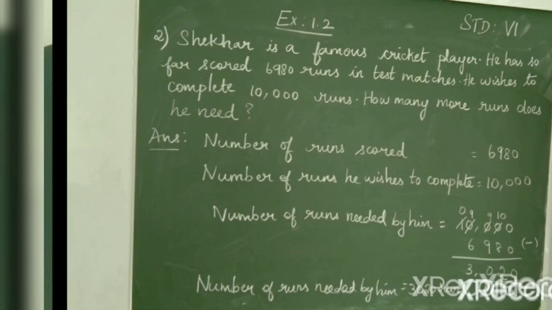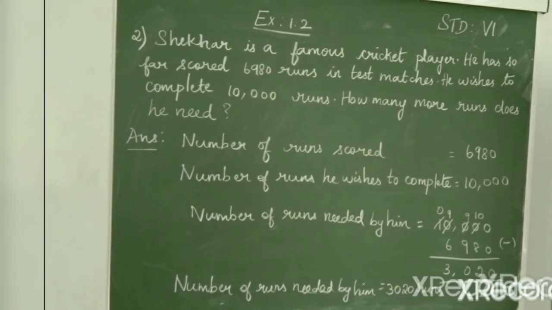So the number of runs needed by him will be 10,000 minus 6,980. When you subtract, since you can see zeros everywhere, 0 minus 0 will be 0. Again it is 0 and 8. So we have to regroup. Regrouping, we will get our answer as 3020. So number of runs needed by him will be 3020 runs.